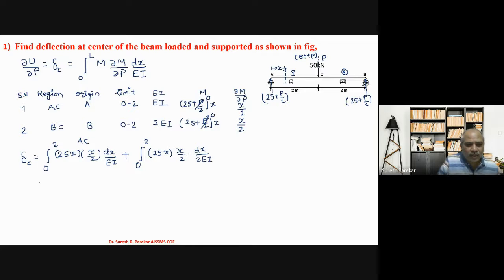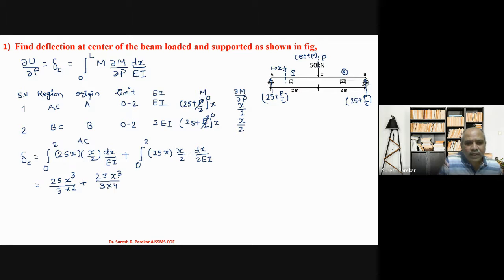And if we solve this, then we are going to get the value of delta C, that is equal to 50 upon EI. If you calculate it, you can also get it. So this you will get as 25 x cube divided by 3 into 2 plus 25 x cube divided by 3 into 4.